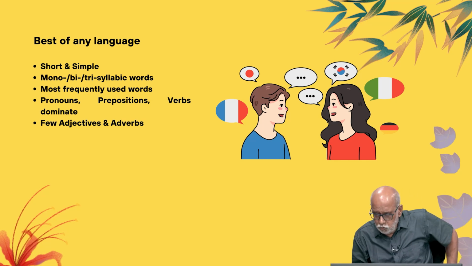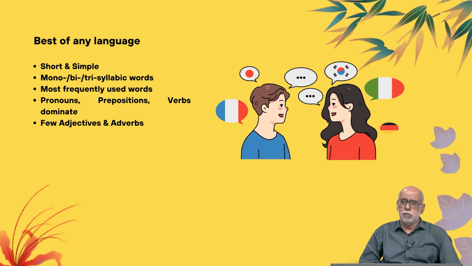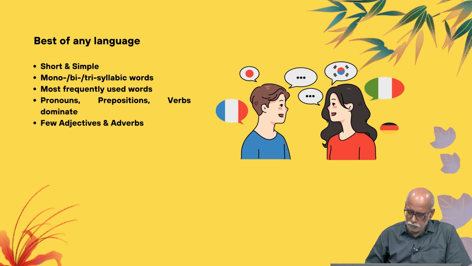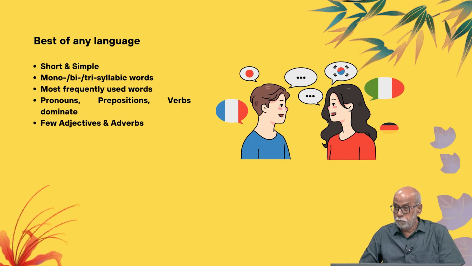So you can also say simple words are those which are produced with only one breath pulse, only monosyllabic, like cat, only one vowel. Monkey, two vowels, because two breath pulses. Elephant, three vowels, three breath pulses.